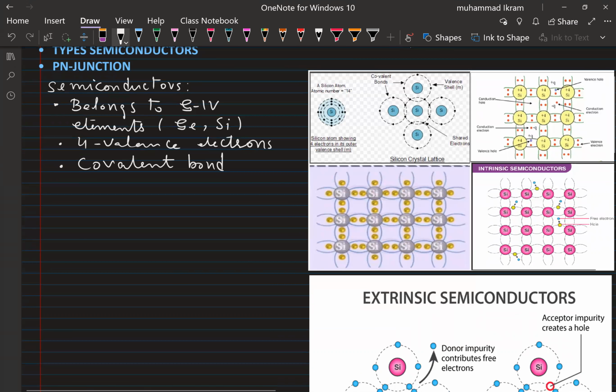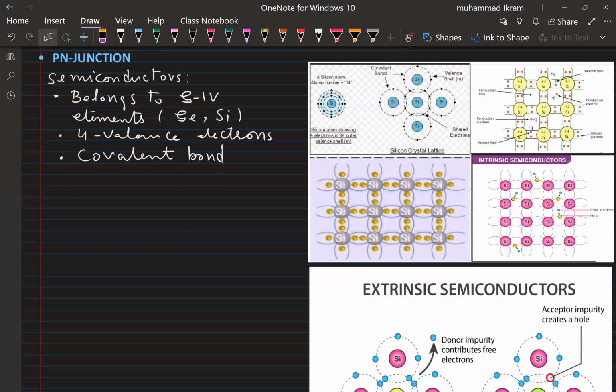Now we have two different types of semiconductors, which I am going to explain here.